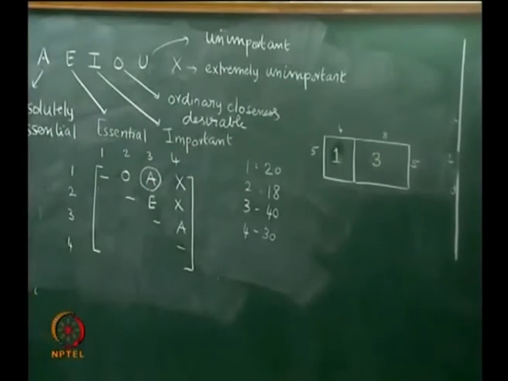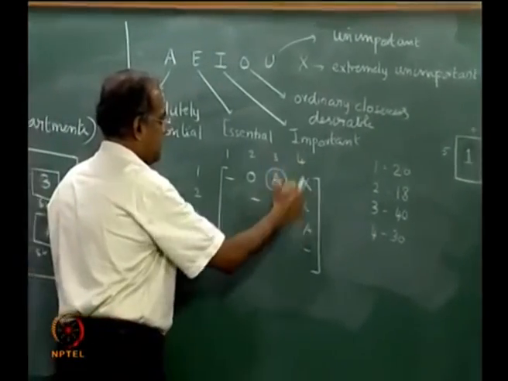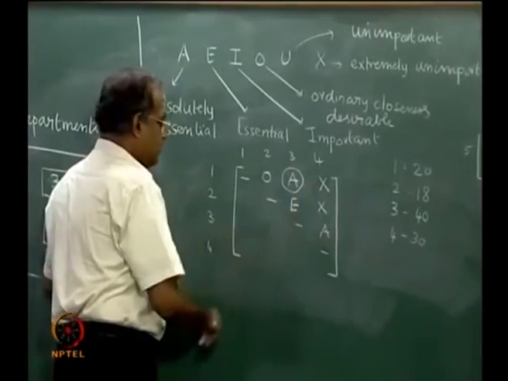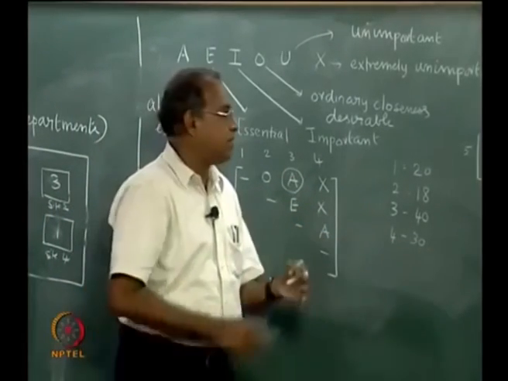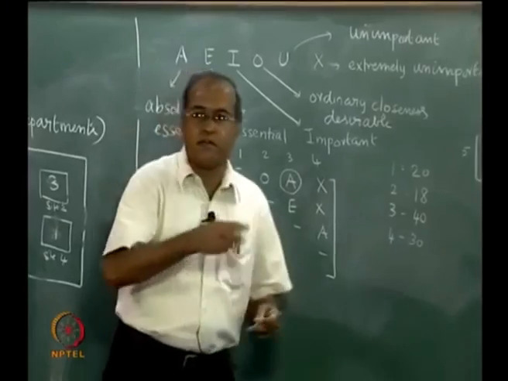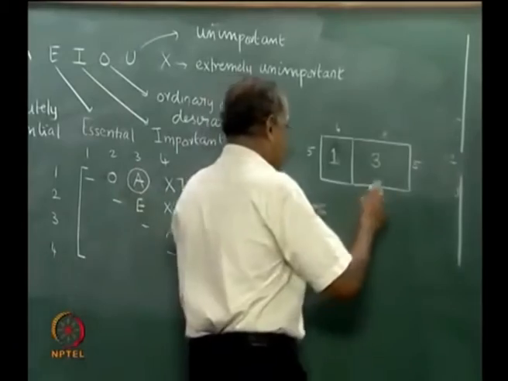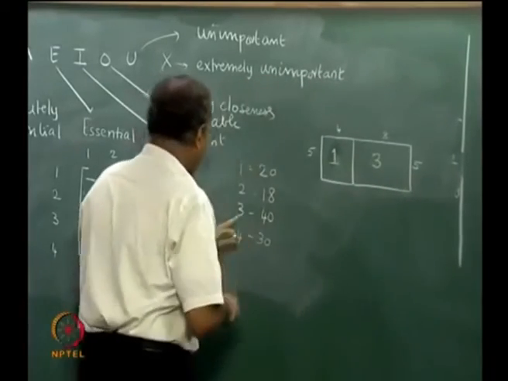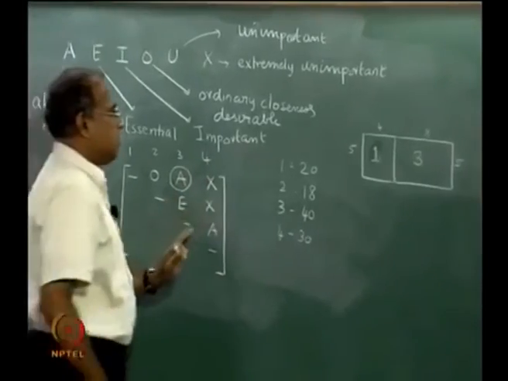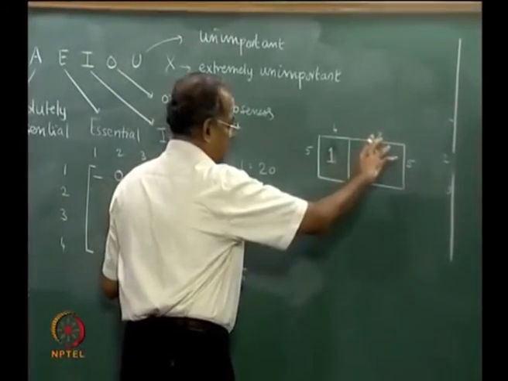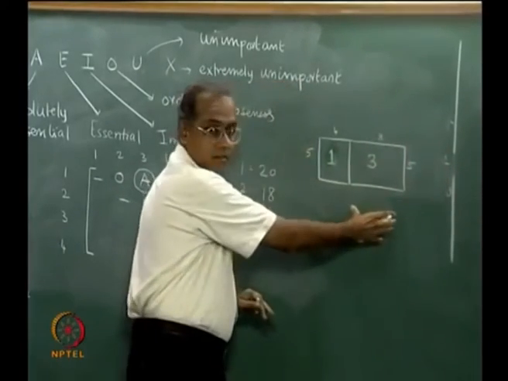Now, there is another A between 3 and 4. So 3 and 4 has an A, so 4 requires 30. So we could think in terms of 5 into 6. Now 3 and 4 has an A, so 4 can come here, or here, or here.